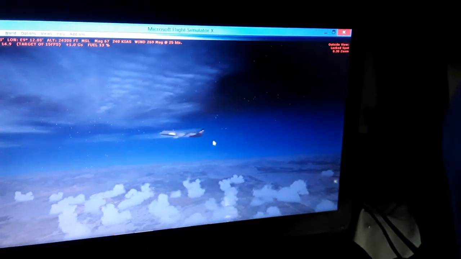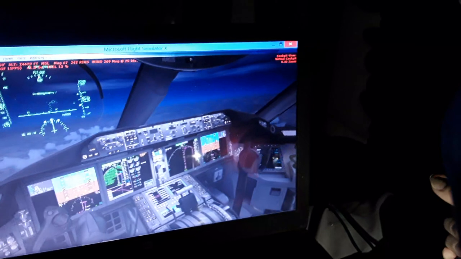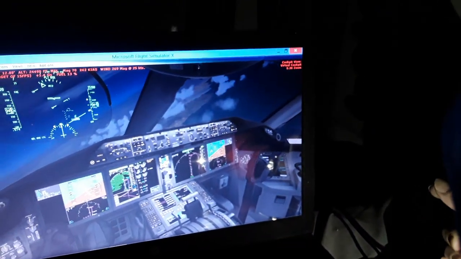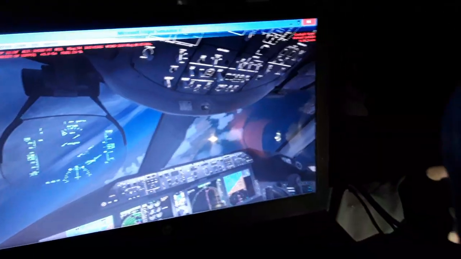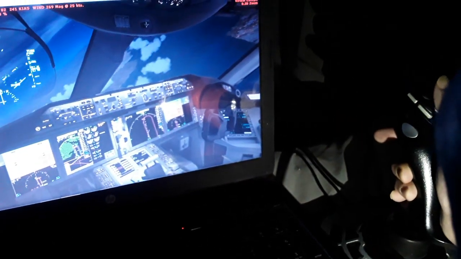We need to start making a turn now, I believe, over here. So we're gonna initiate the turn. We need to go back to the airport.